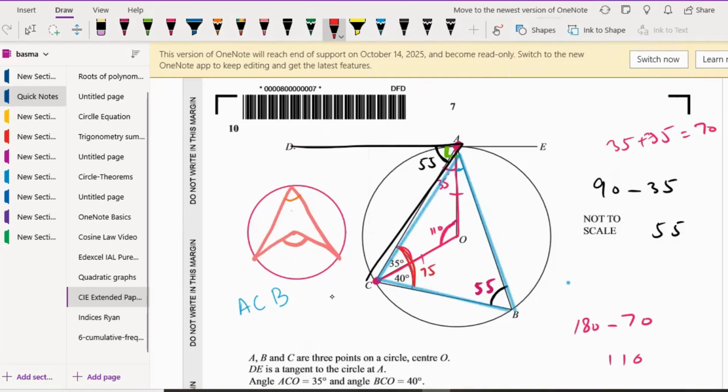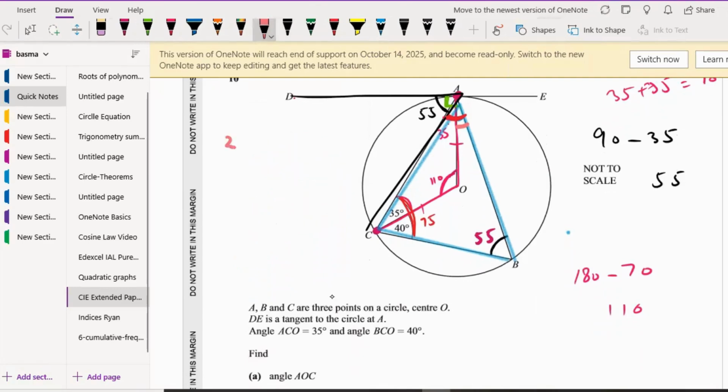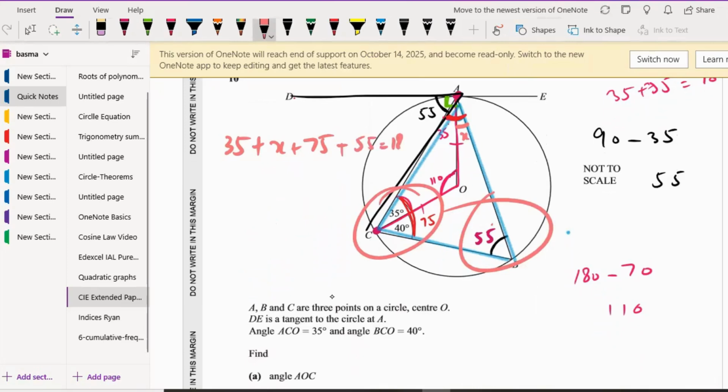And for this total angle, we know the half of it, which is 35, and the other side is B. So we can just write this angle, the pink one here. I'm going to erase it. So this 35 plus this x, which is unknown, plus 75 this side, plus 55, they all add up to 180, right?